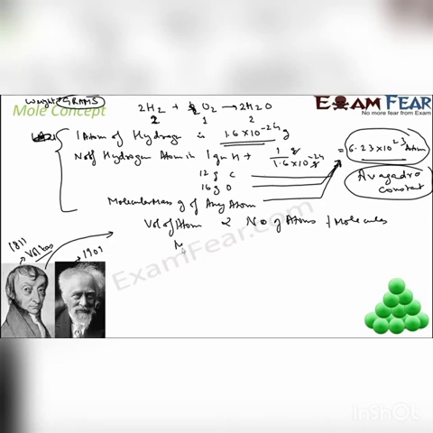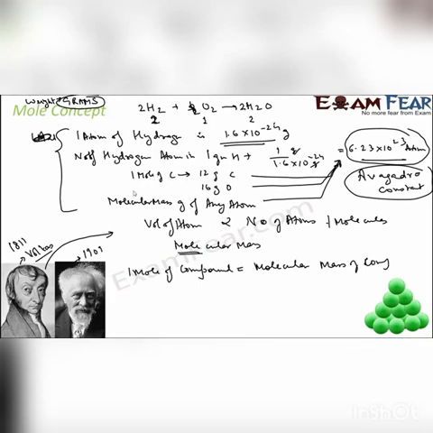If you see the word mole and molecular mass, from this only the word mole came. So 1 mole of a compound is the molecular mass of the compound. Please be with me, it's a new term. 1 mole of compound is nothing but the molecular mass of the compound in grams. That means 1 mole of carbon will be equal to 12 gram of carbon. 1 mole of oxygen will be equal to 16 gram of oxygen.